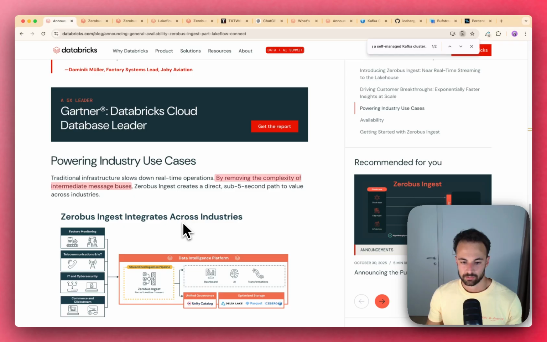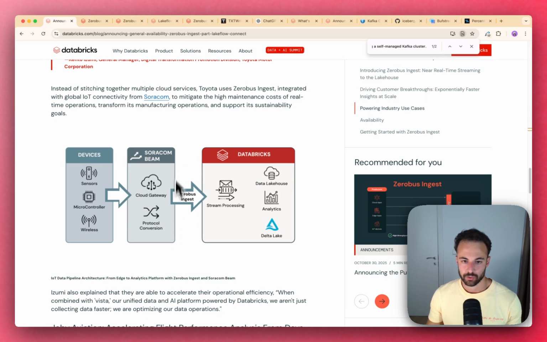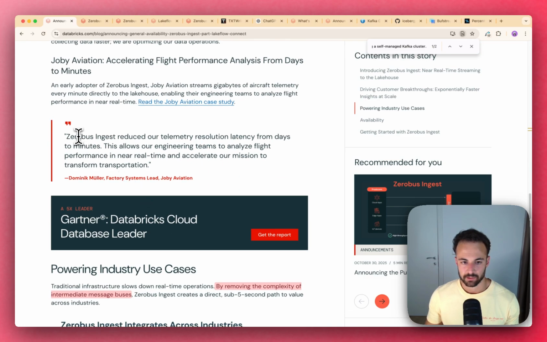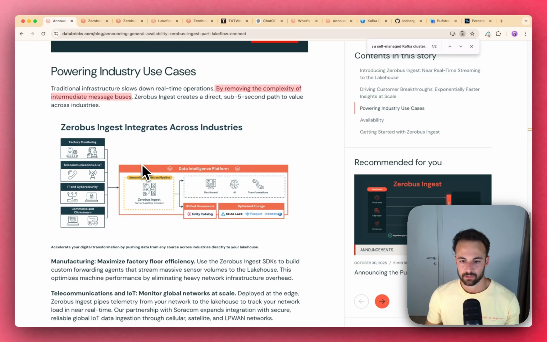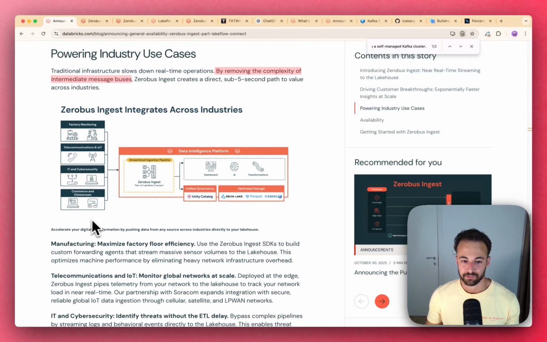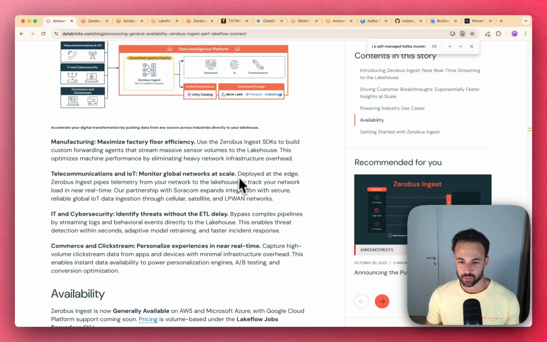Let's go back to the Soracom thing. So apparently the Soracom gateway basically has access to Zerobus directly. So there's some integration here. That's actually interesting if they have this partnership. I haven't seen any blog about this partnership, but that means they're actually going for IoT, which is very interesting if that's true.